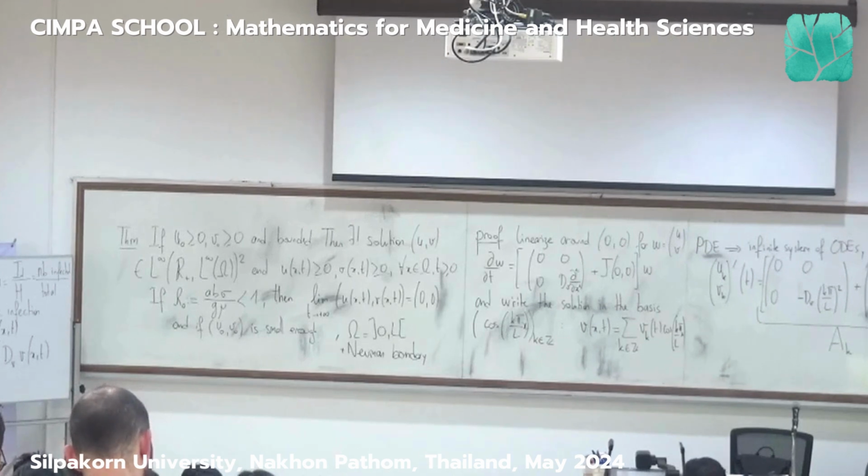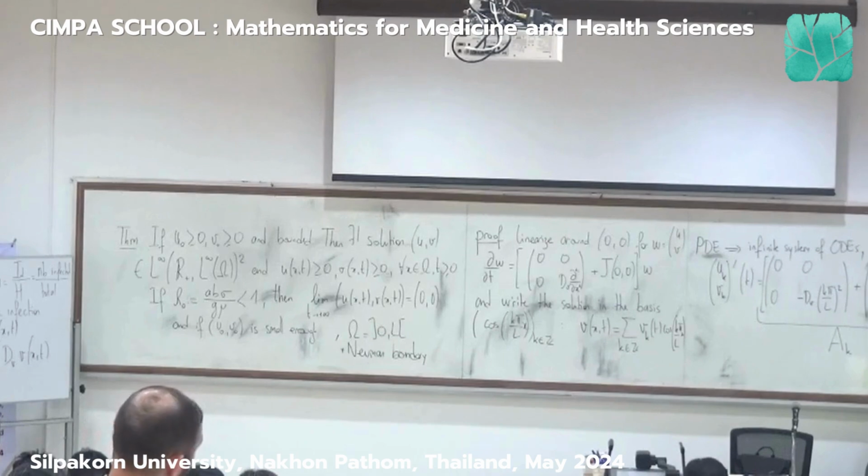Okay, and then you do like you do for E. So if you want to put the stability of E, you have to put the sign of the eigenvalues.